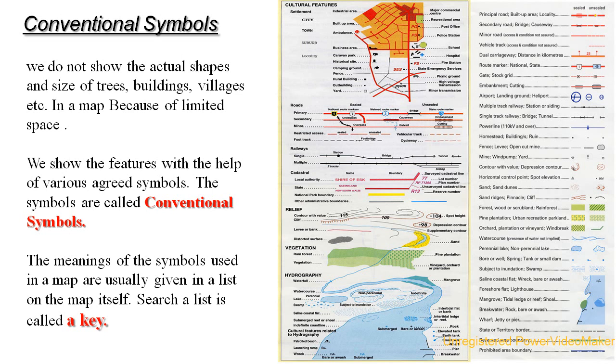Usually in every map, the symbols used in that map and the meaning of each symbol are listed, and that list we call the key. It will appear on either side of the map, or below the bottom line of the map, or on the left or right side of the map. With the help of the key you can easily understand the symbols and their meaning.